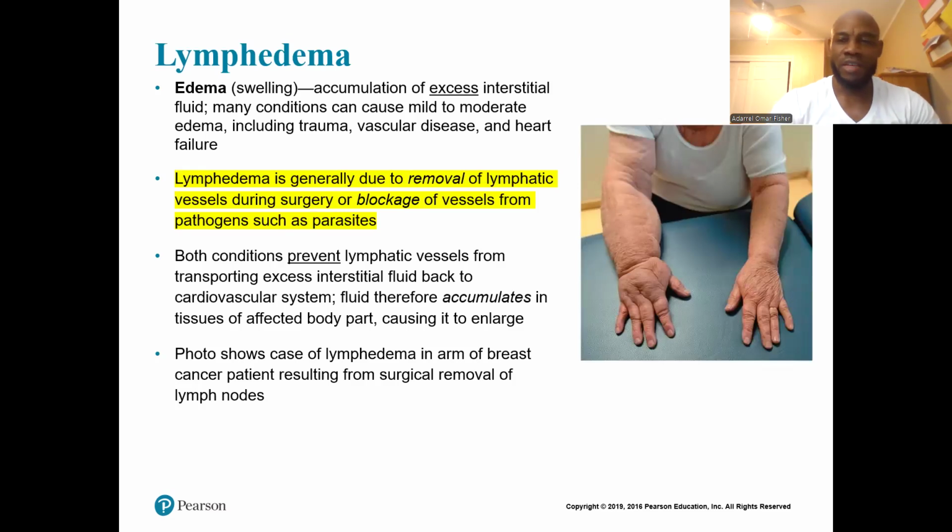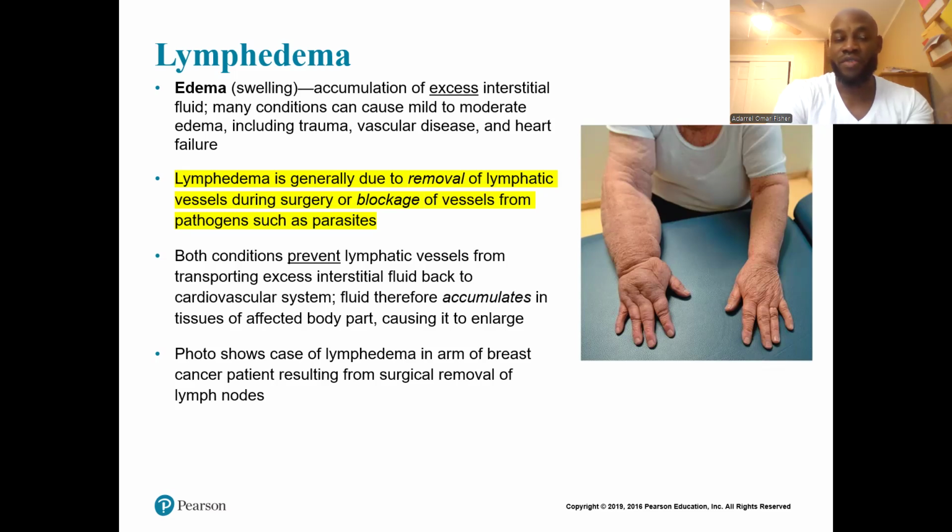We've already mentioned edema in this class, but it is swelling, excess interstitial fluid, fluid in between the cells of a tissue, and many things can cause this to happen. Lymphedema is generally due to removal of lymphatic vessels during surgery or blockage of vessels from pathogens such as parasites.